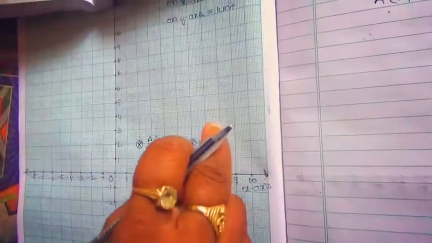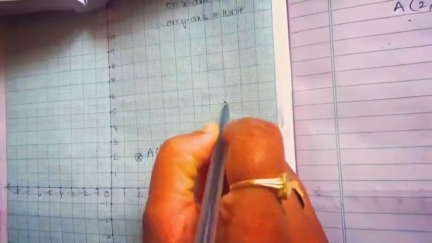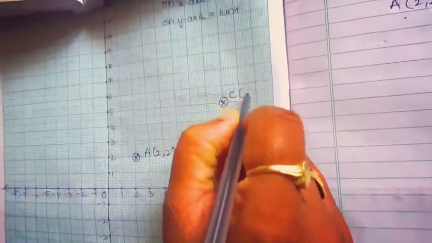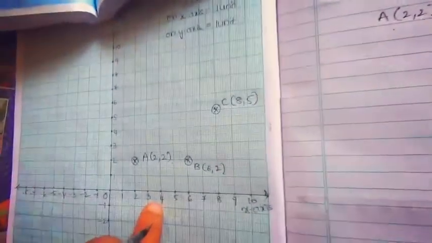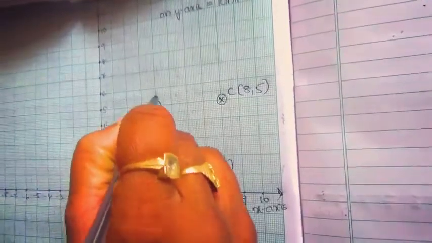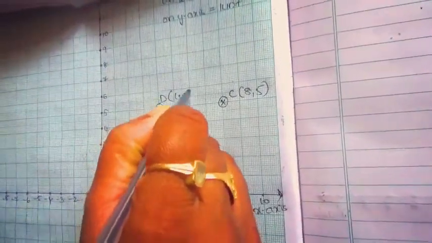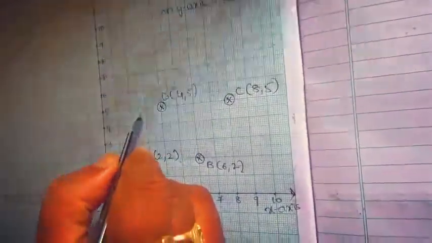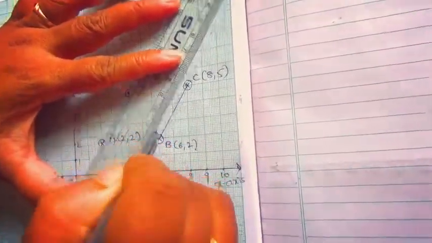Next point C (8, 5): 8 on the x-axis, 5 on the y-axis. D (4, 5): 4 on the x-axis and 5 on the y-axis. Let us join all these with a scale.